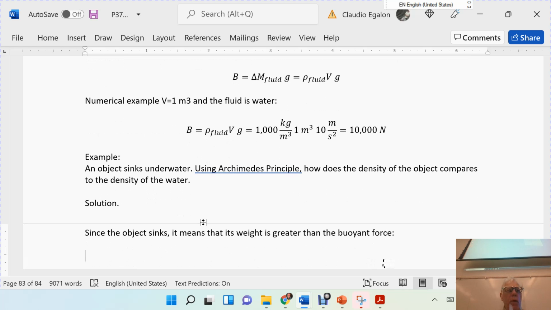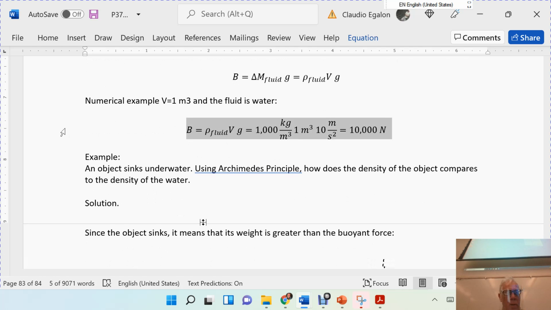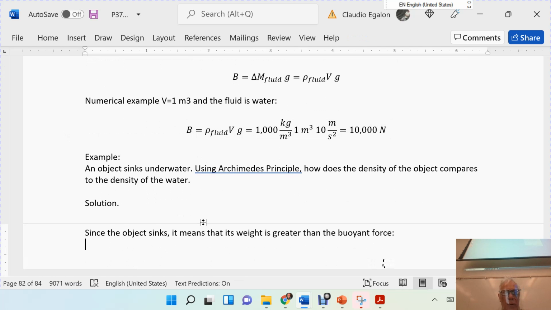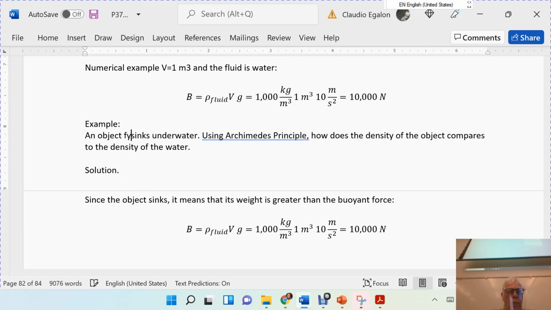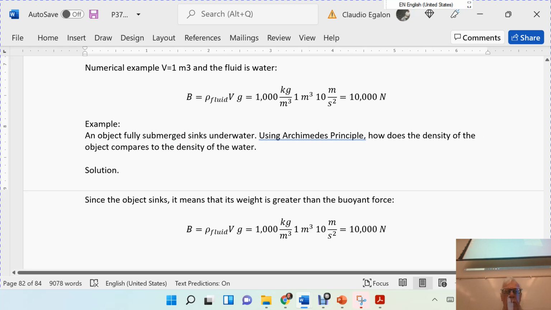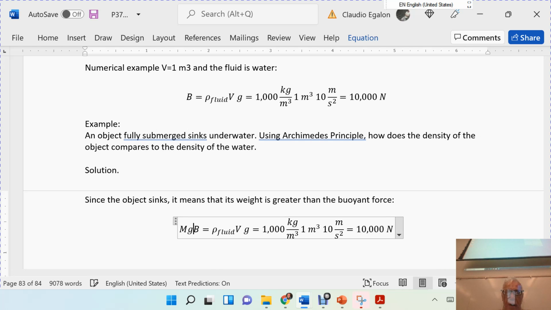Since the object sinks, its weight is greater than the buoyant force. I'm gonna write that down. An object fully submerged sinks underwater. If the object sinks, mg is greater than the buoyant force.